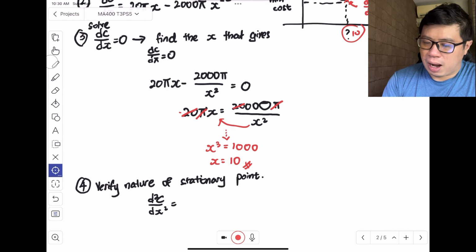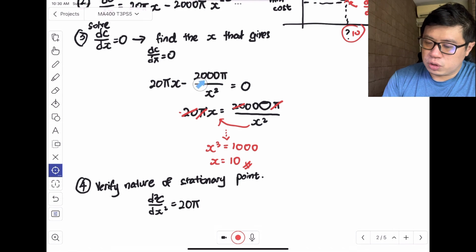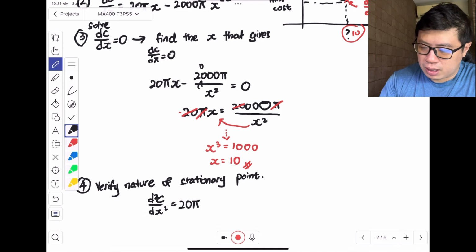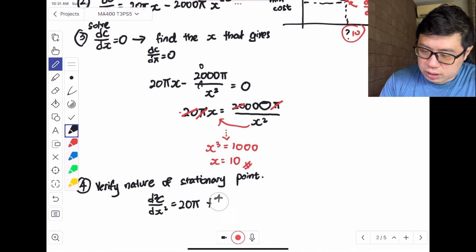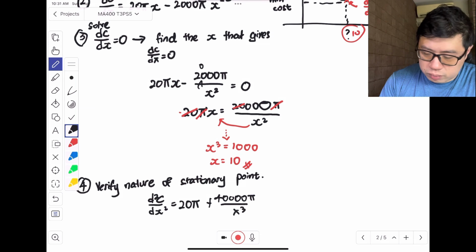Differentiating 20 pi x, I'll get 20 pi. Differentiating 20,000 pi over x squared, sorry, I missed out a 0 here, this should give you eventually 40,000 pi over x cubed.